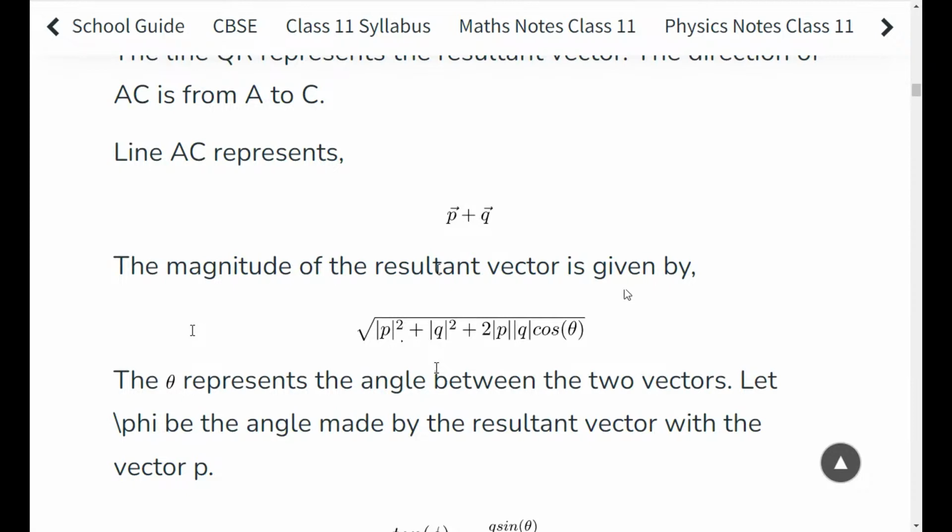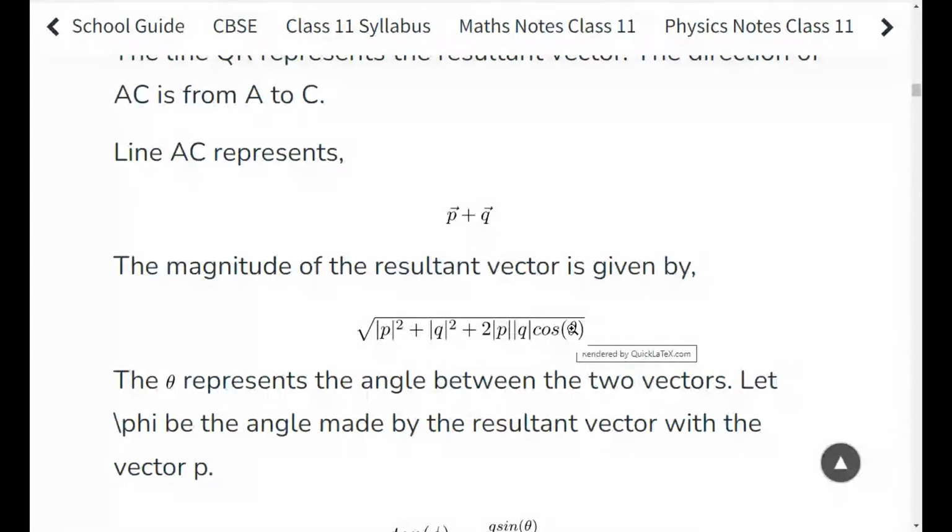Remove the negative value and consider only the positive value. P square plus Q square plus 2PQ cos theta is the equation they have taken to find out the magnitude of the vector.